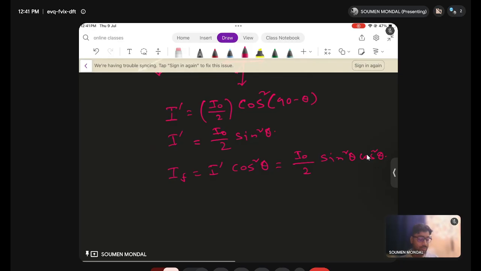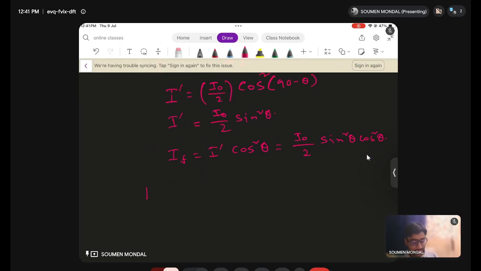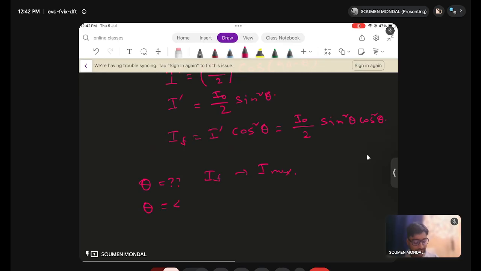Now for you, I have a question: you can find what the angle theta will be such that we get I final maximum. The answer is that theta will be 45 degrees.